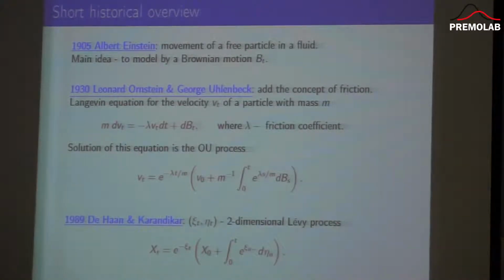This model, of course, is a natural generalization of the model by Ornstein and Uhlenbeck, and is described via some two-dimensional Levy process (xi_t, eta_t).